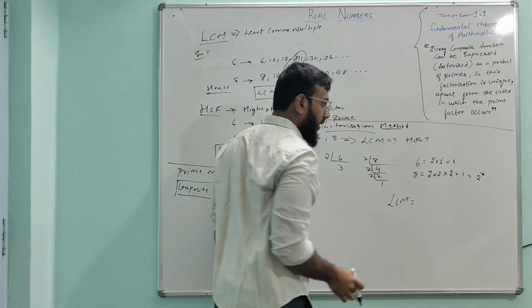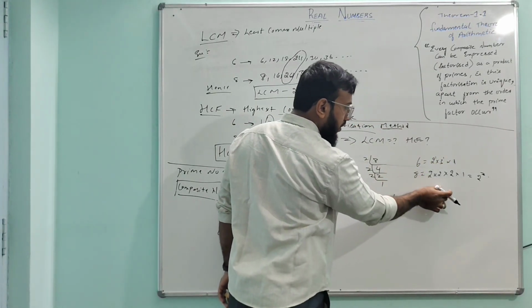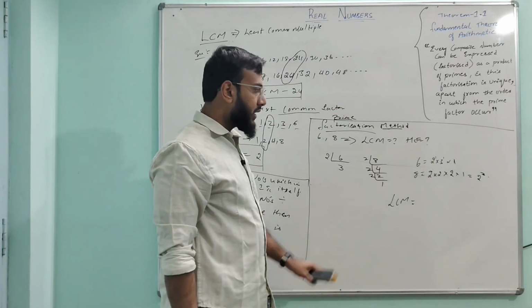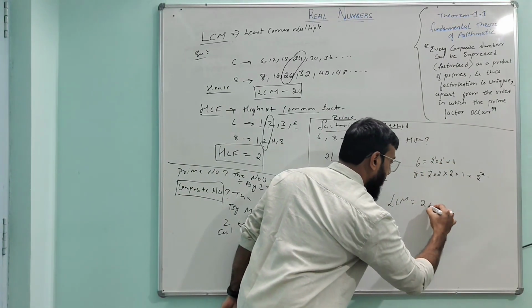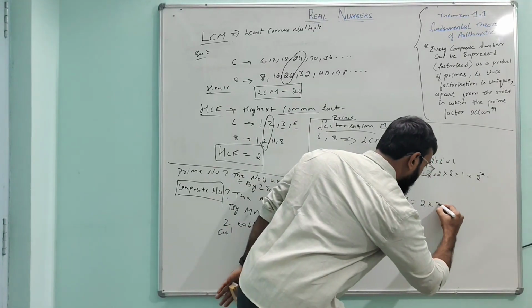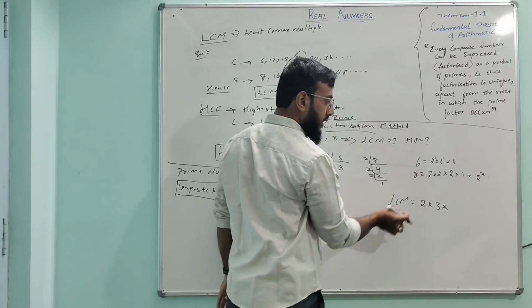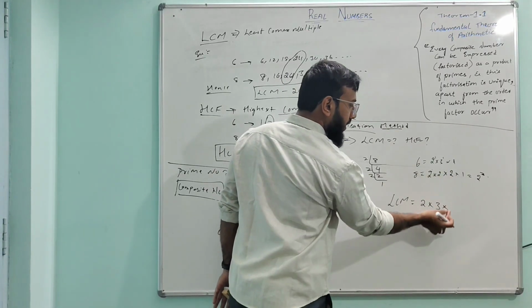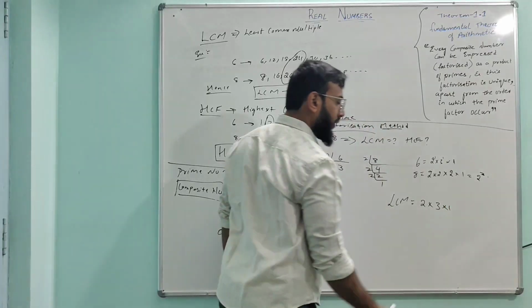In both the 6 and 8 factors, what kind of numbers can we see here? 2 is visible. 3 is visible. Correct? Here 2 is visible, already written. 3 is visible here. There is no 3 here. 1 is there, if you want, we can write it.